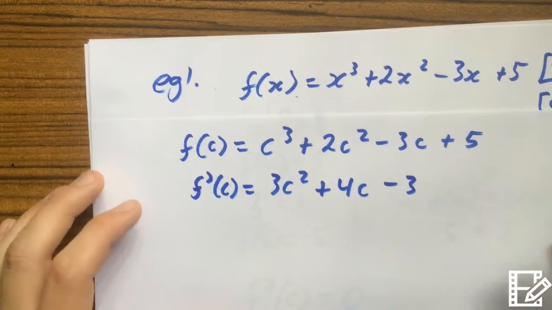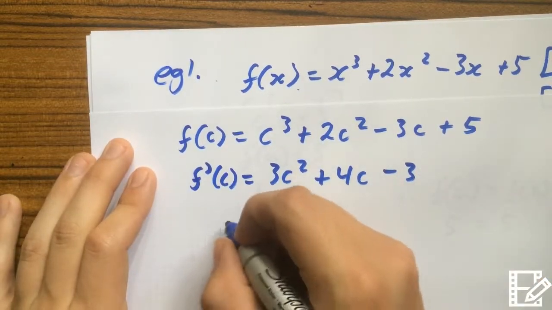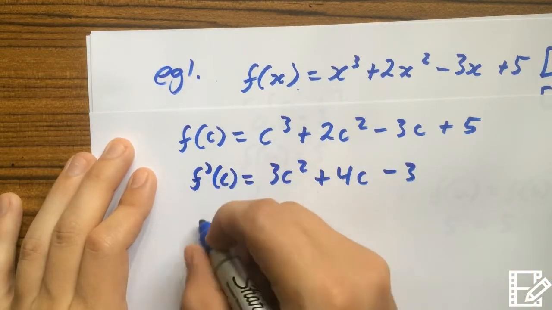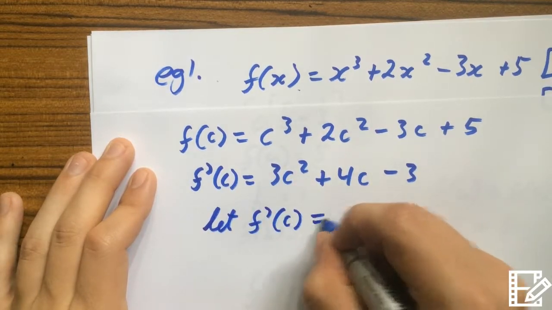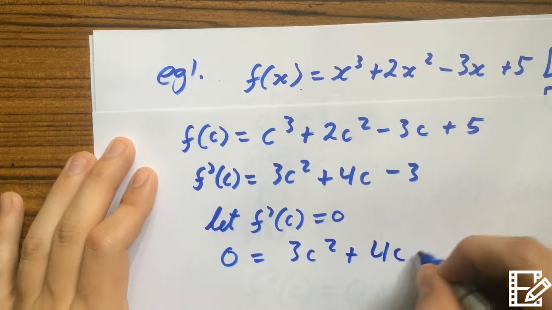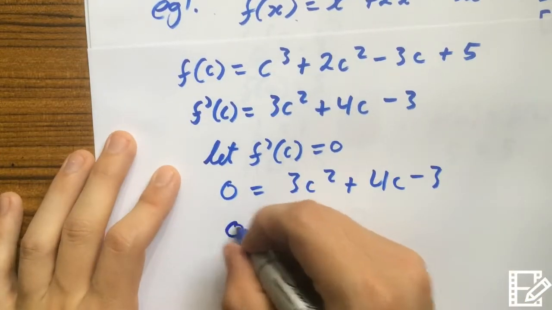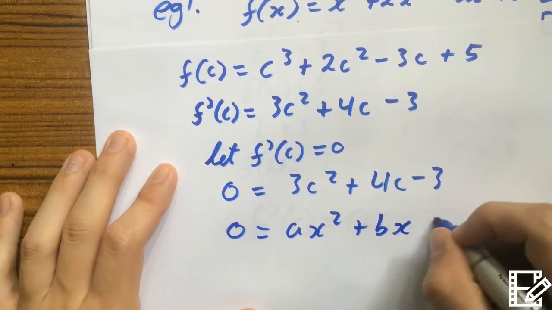And we can use the quadratic formula on that, because when we let the derivative of c equal 0, we get 0 equals 3c squared plus 4c minus 3, which looks like 0 equals ax squared plus bx plus c.